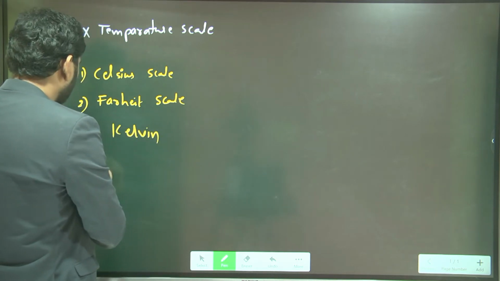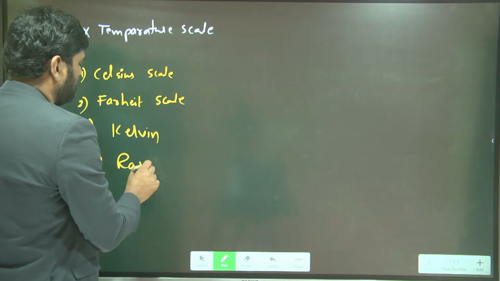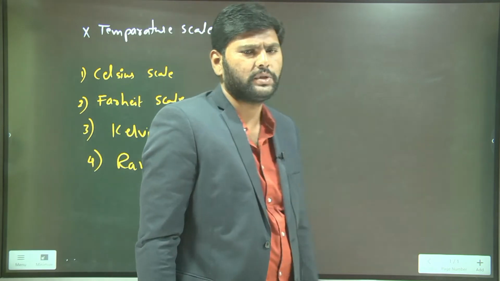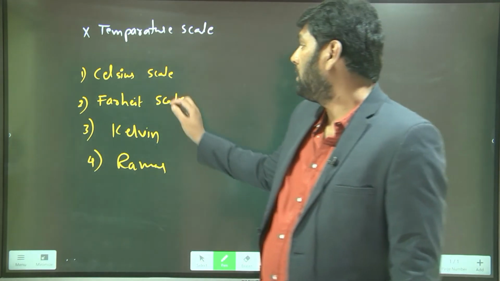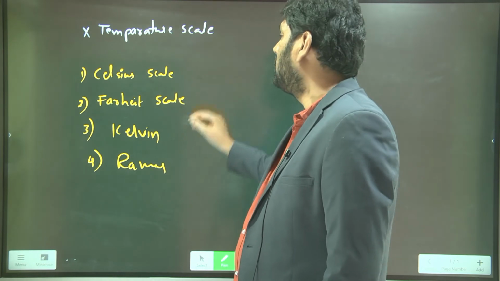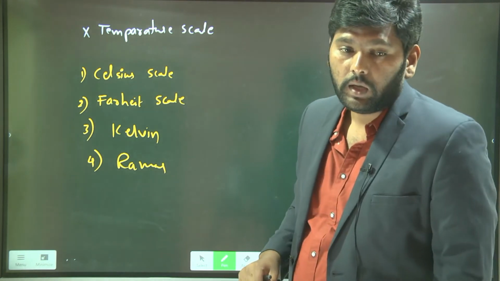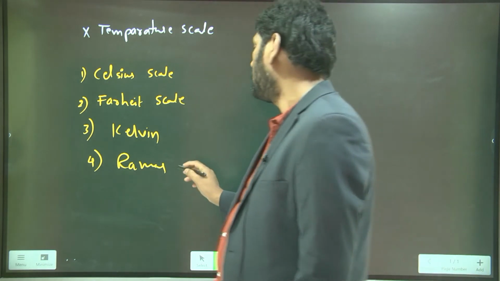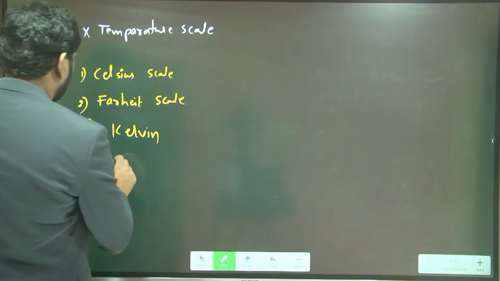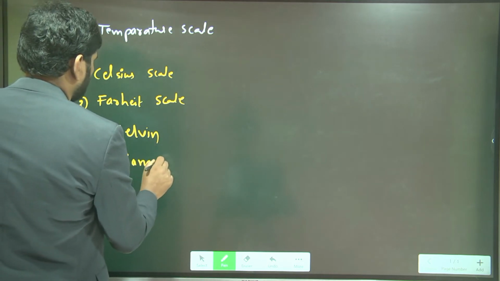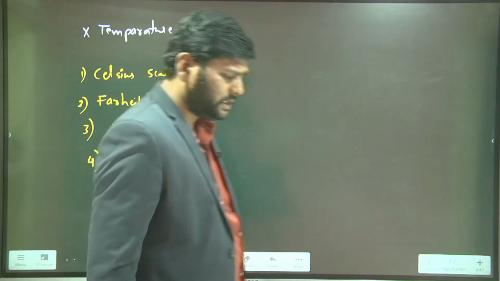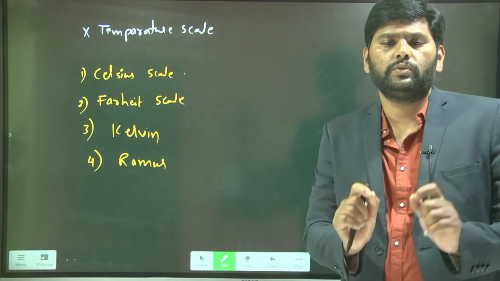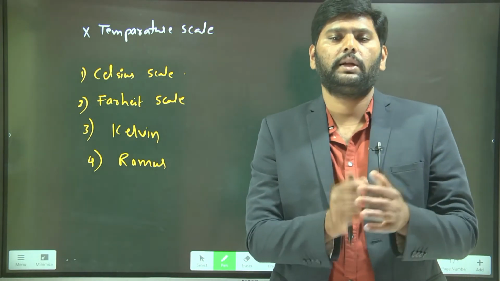The fourth one is the Reamur scale. So this is the way we have different types of scales.